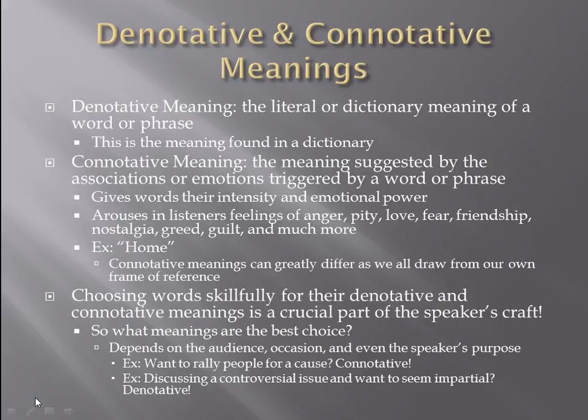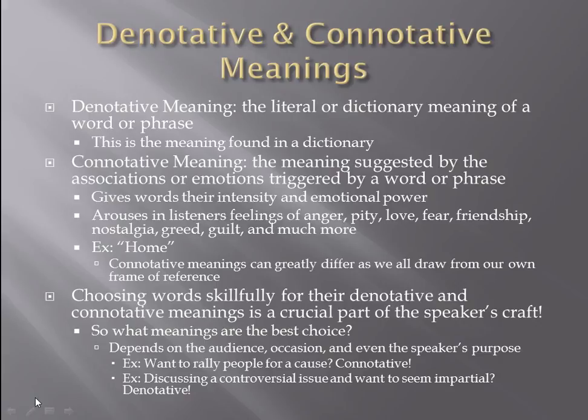And this gives words their intensity and their emotional power. Connotative meanings arouse in listeners feelings of anger, pity, love, fear, friendship, nostalgia, greed, guilt, and just so much more. So connotative meanings are those emotions that are triggered by a word or a phrase.